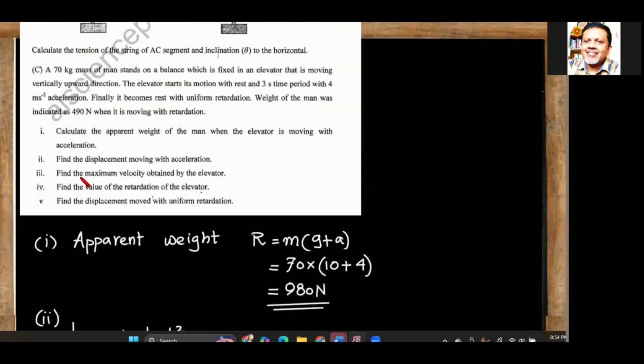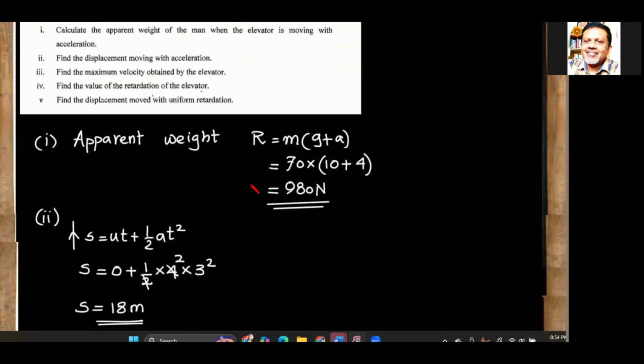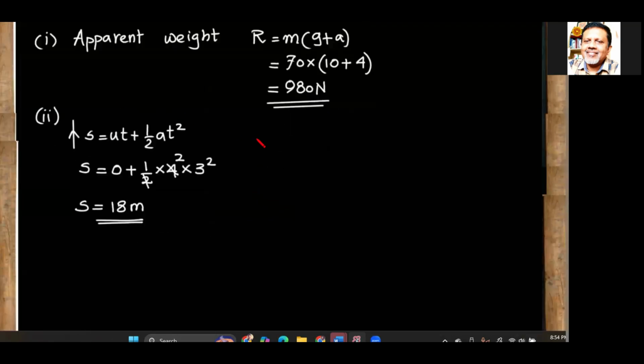Find the maximum velocity obtained by the elevator. Okay. Part 3. Maximum velocity means the final velocity.